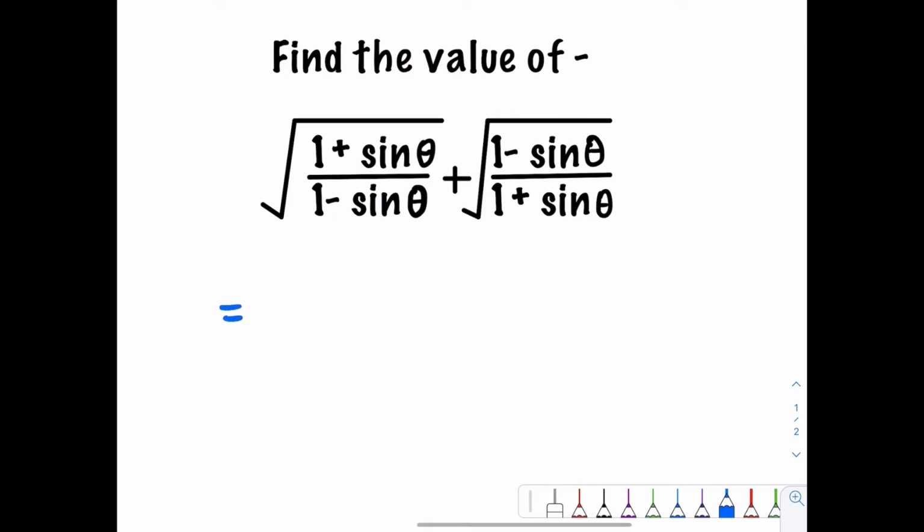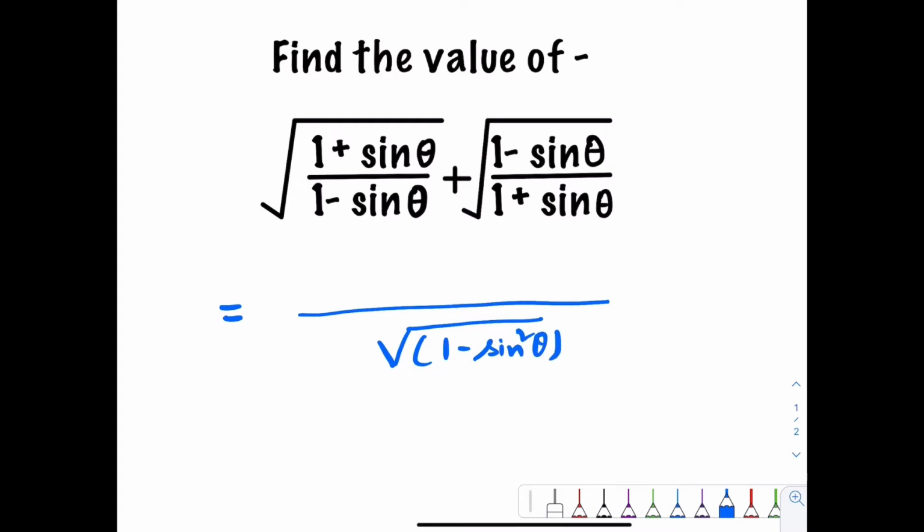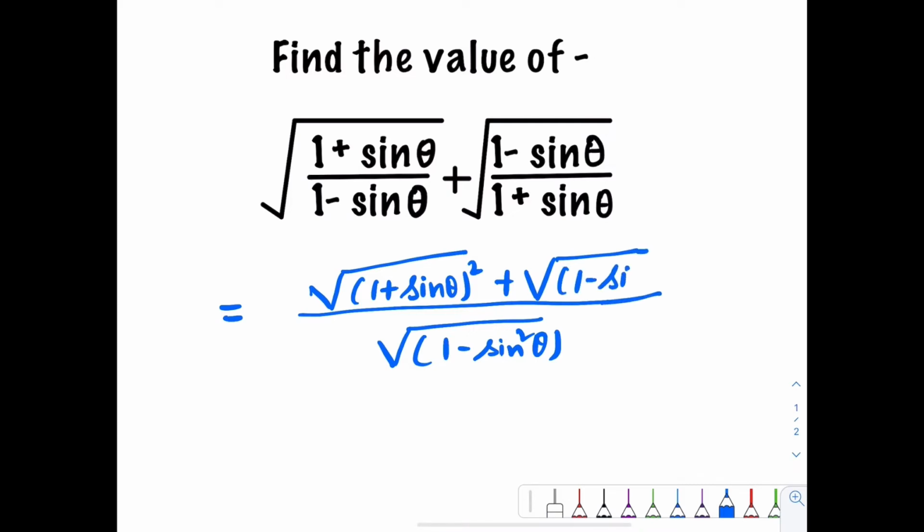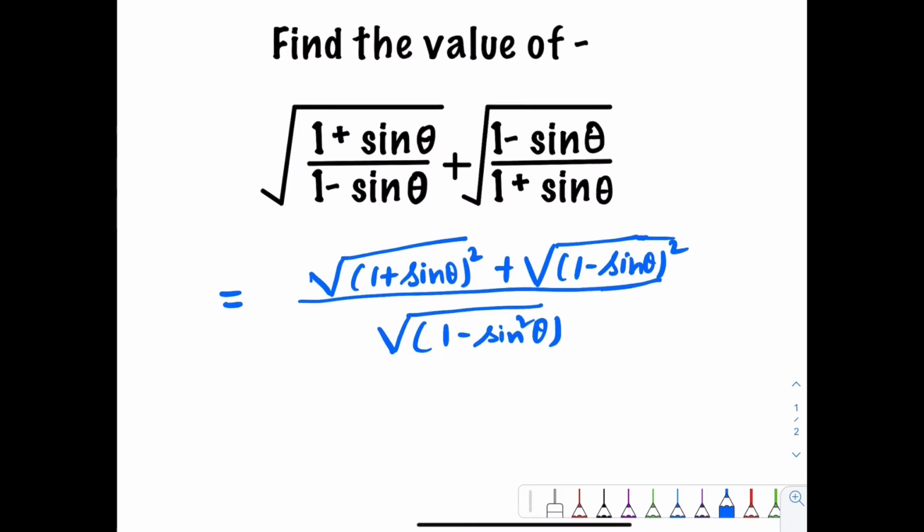So this is equal to, taking the LCM, under the root of 1 minus sine square theta in the denominator. In the numerator we have under the root (1 plus sine theta) whole square plus under the root (1 minus sine theta) whole square.